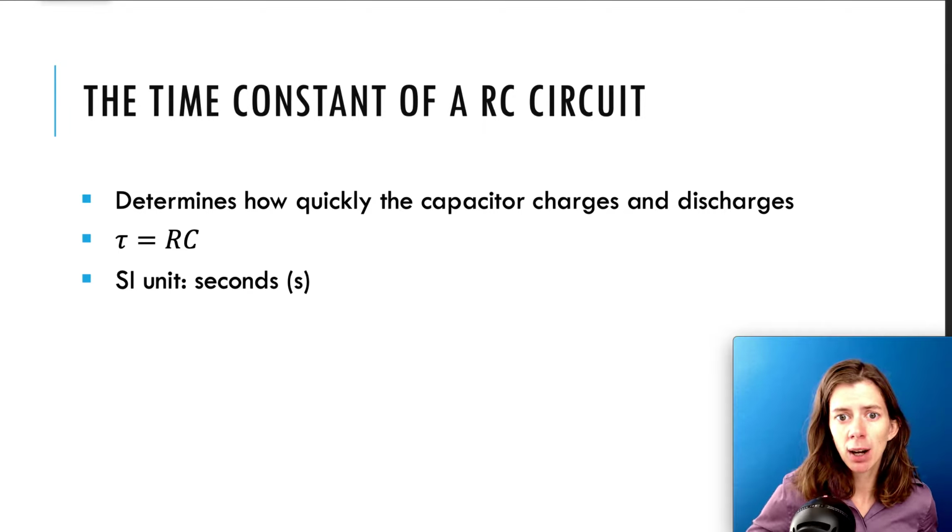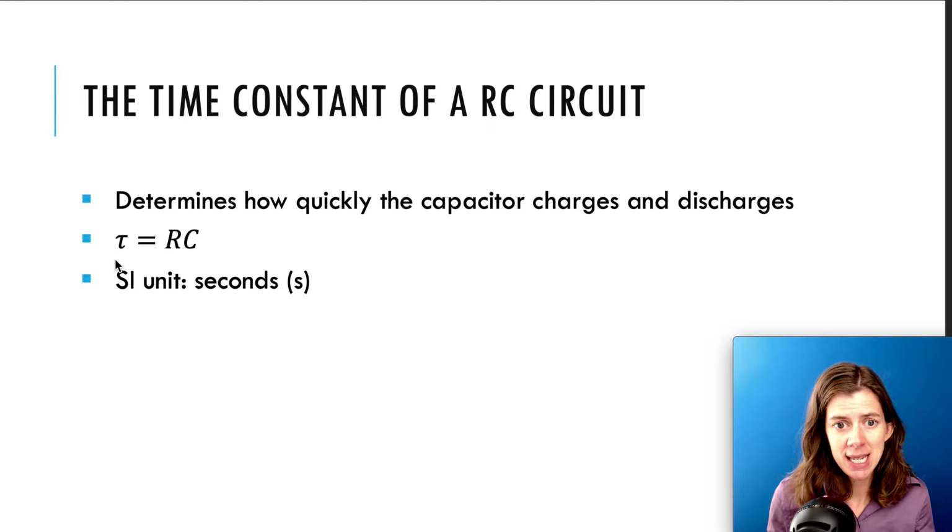The time constant of the RC circuit determines how quickly the capacitor charges and discharges. The circuit is constructed in such a way that the capacitor can release that energy in a certain amount of time. The time constant is defined as RC. That means it's the resistance of that circuit times the capacitance of that circuit.